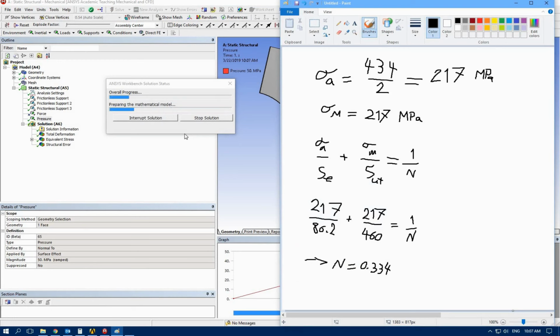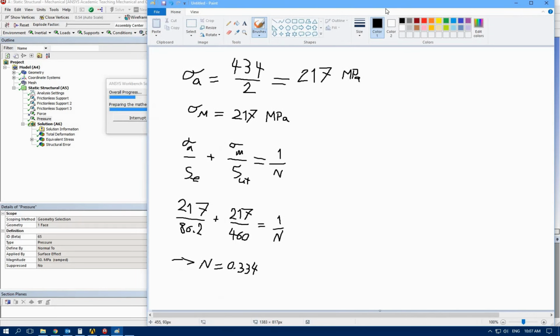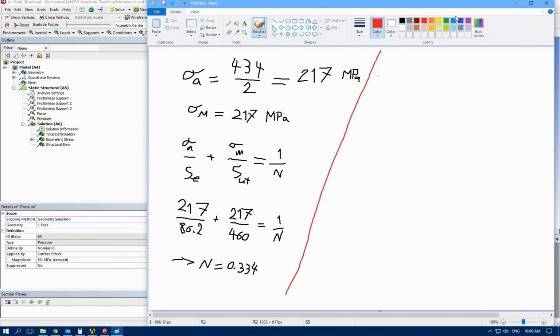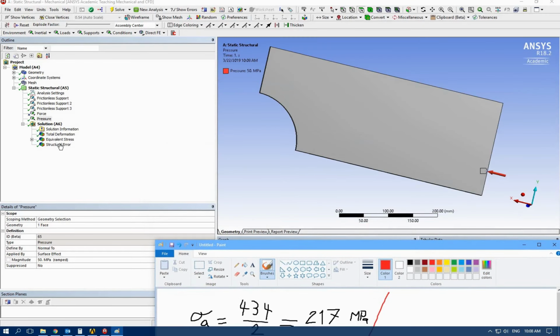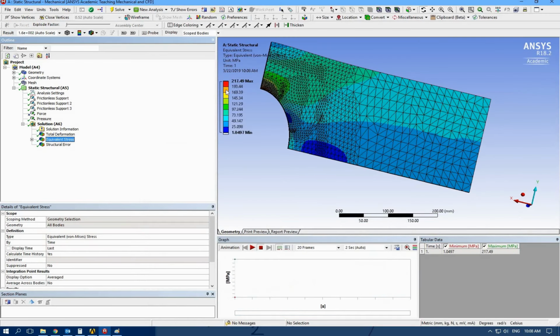Let's wait for ANSYS to calculate our maximum and minimum stress and see. Let me divide this one. This one was for zero base, and I'm going to add the fully reversed one. Let's check the stress.